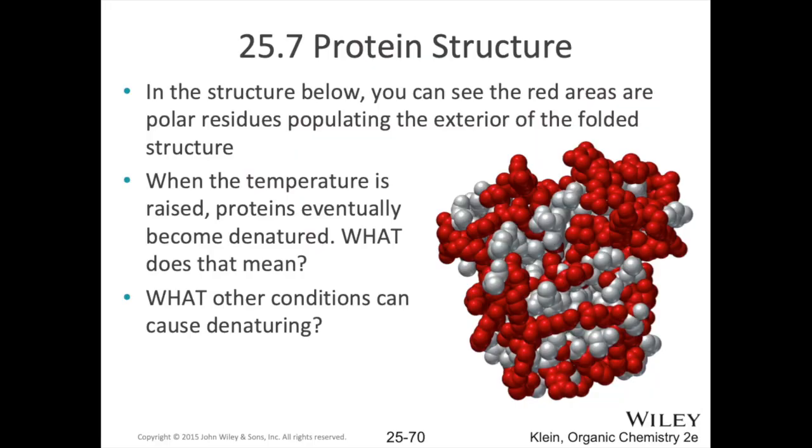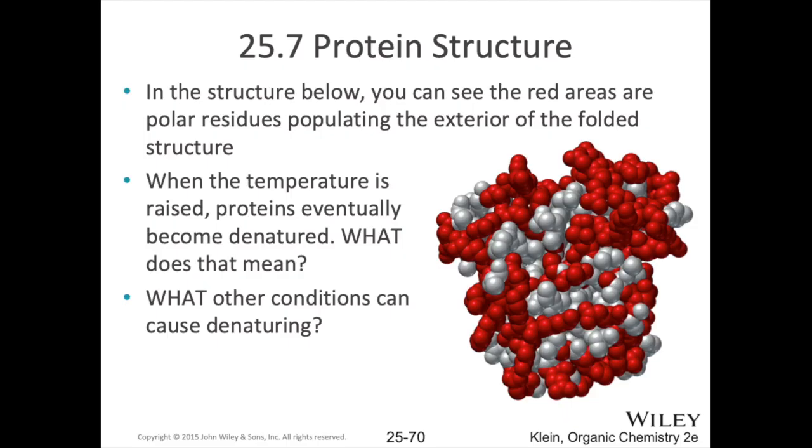For example, if you have a polar side group, it will interact with other polar side groups. If you have an acidic side group, it will interact with a basic side group, and so on. A nonpolar one will interact with another nonpolar one, and so on.